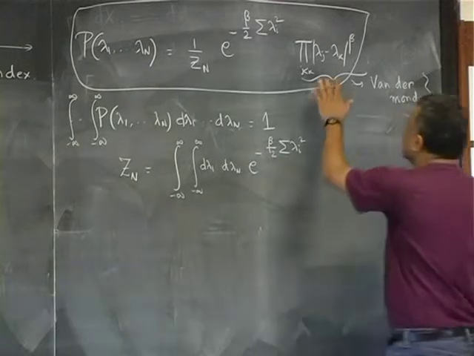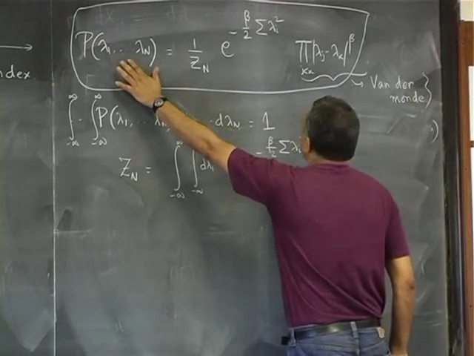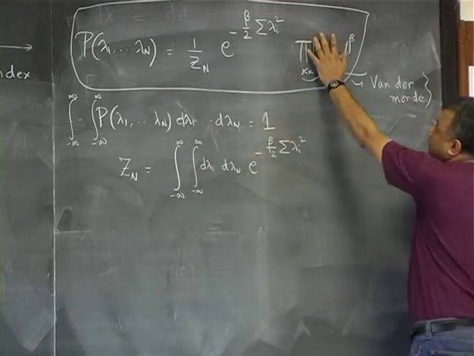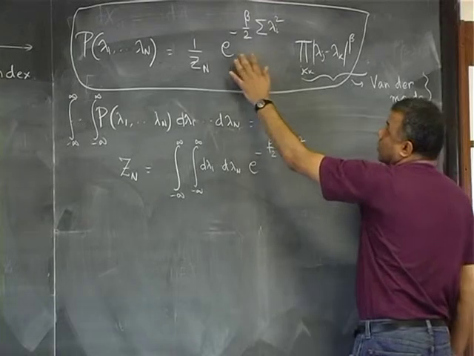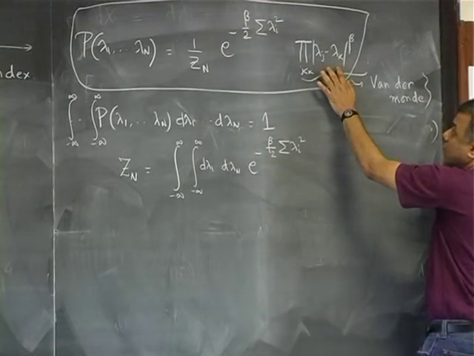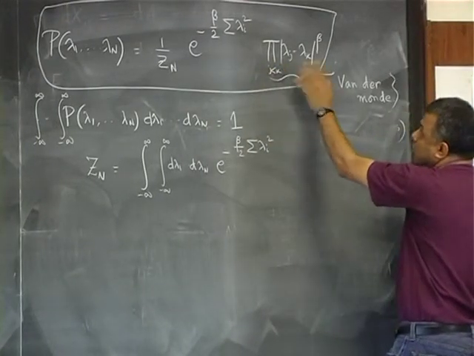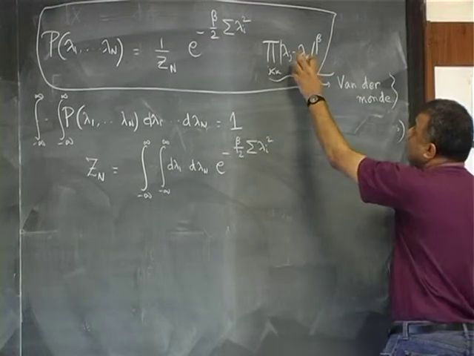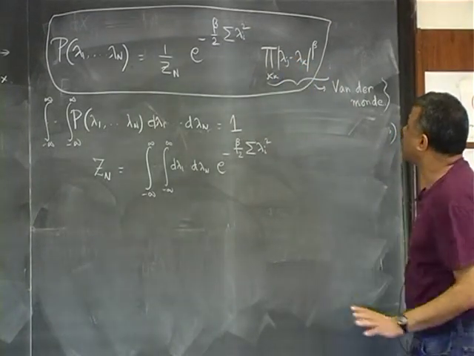Now, the first thing you notice about the probability distribution, which I mentioned last time, is that if I did not have this factor, then they would completely decouple. There would be no correlation between eigenvalues. Because of this factor there is a correlation. The joint distribution does not factorize into individual distributions. So this factor encodes correlations between eigenvalues. And what kind of correlation?